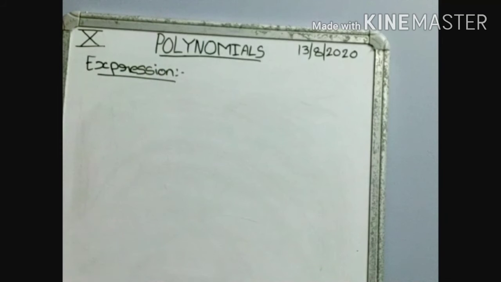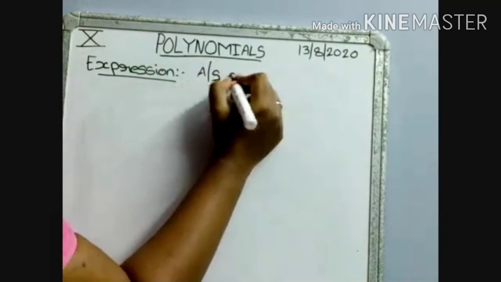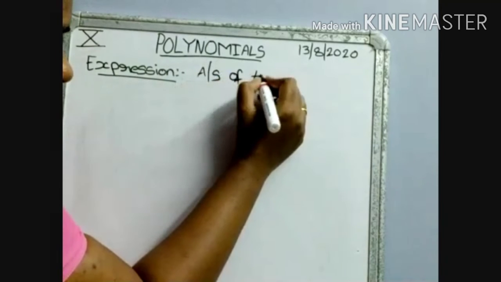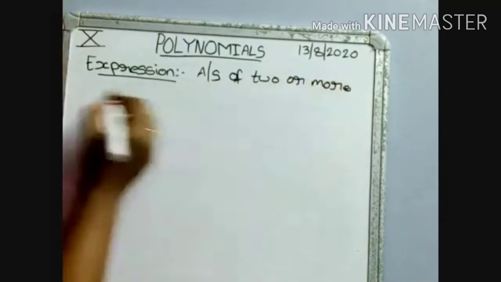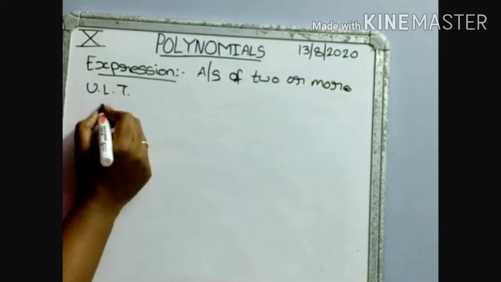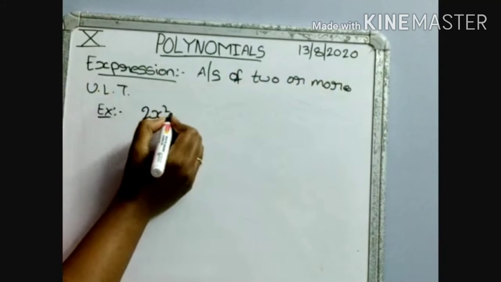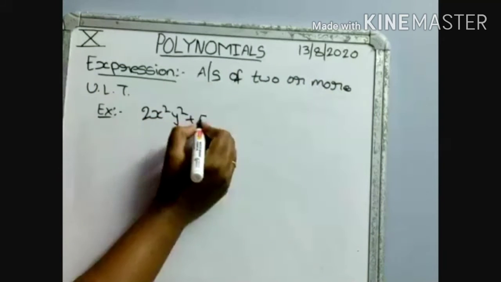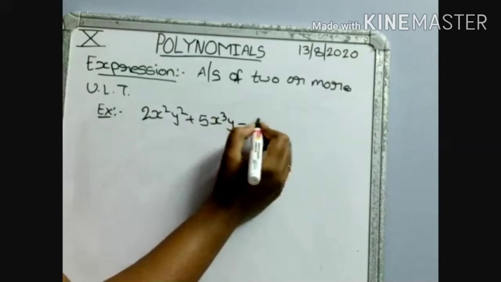The addition or subtraction of two or more unlike terms is called an expression. Suppose you see the example: 2x square y square plus 5x cube y minus 6y square.